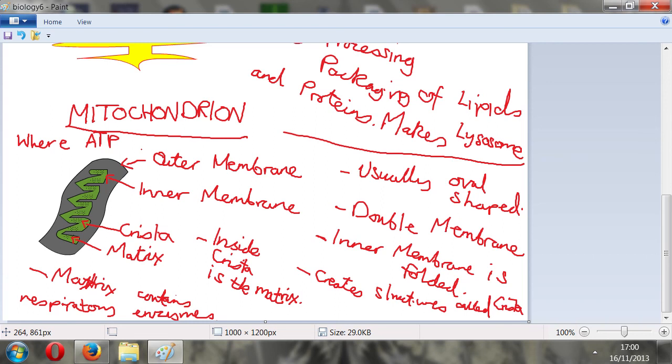The mitochondria are the workhorses, so we'll put found in large numbers in very active cells.